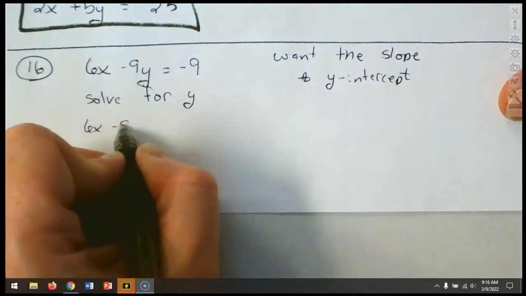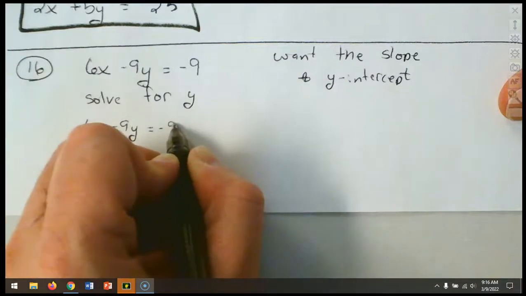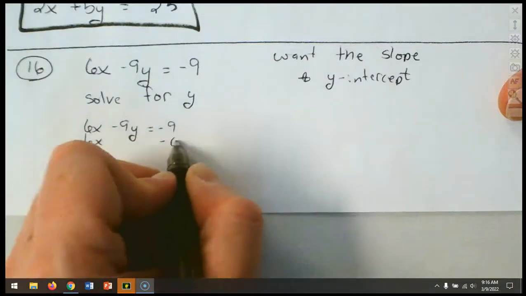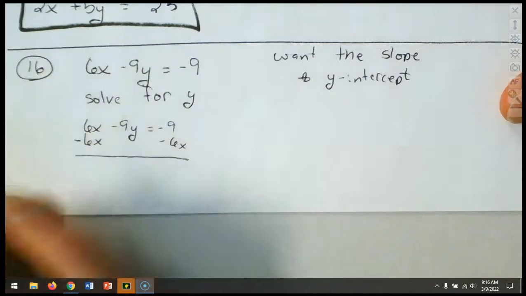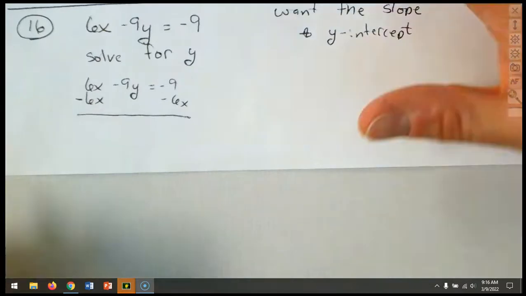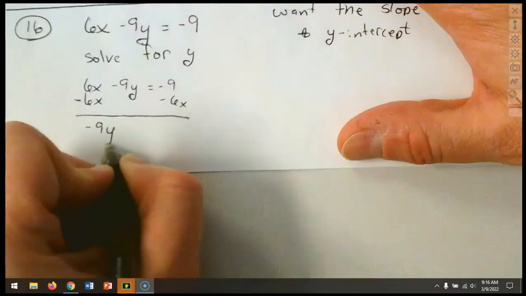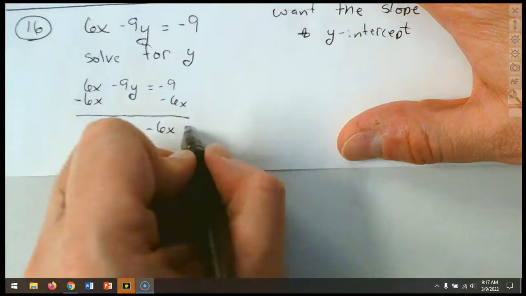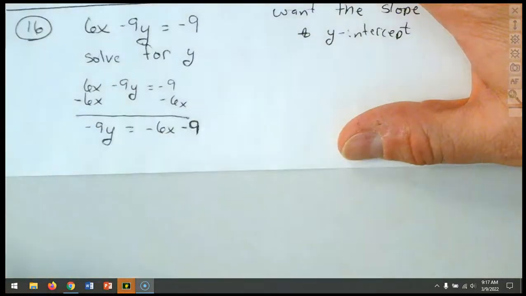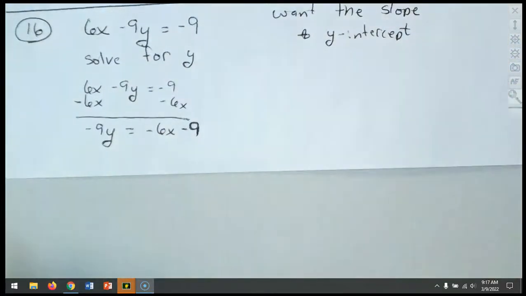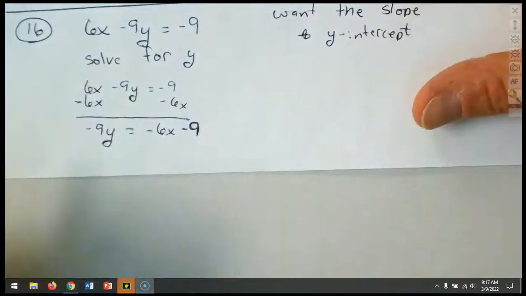So 6x minus 9y equals negative 9. We're going to go ahead and move that 6x over. We're going to solve it for y. Okay, and now we have a minus 9y equals a minus 6x minus 9. And we want this in slope-intercept form, which means we solve it for y.